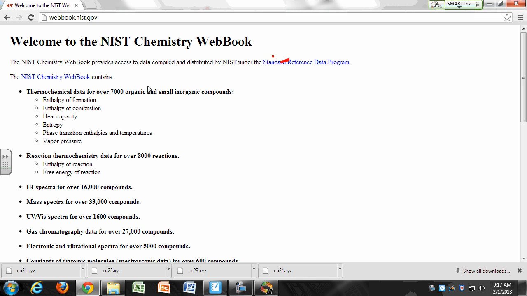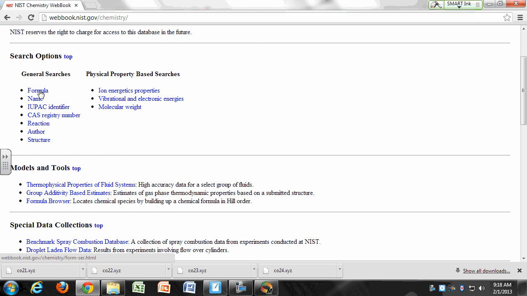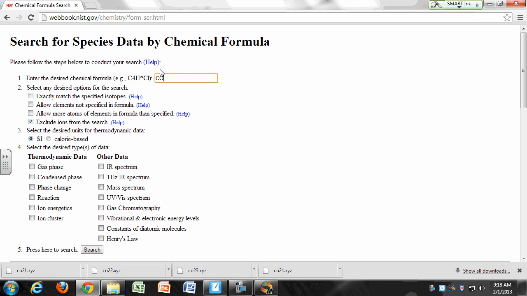See, this thing gives you heat capacity data. Okay, chemical information. And so, if you click chemistry webbook, let's say we wanted to do carbon dioxide, CO2. Okay, gas phase, thermodynamic data, search.